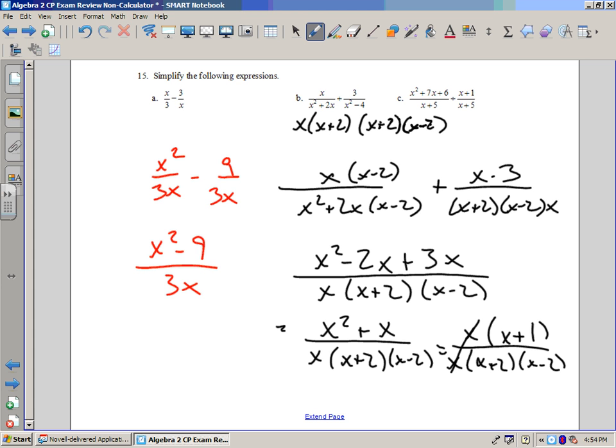Canceling out the x, I get x plus 1 over x plus 2, x minus 2.